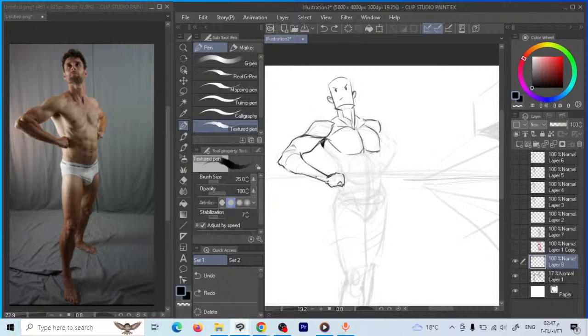Anatomy used to be hard for me since it sometimes looked less dynamic in static poses.